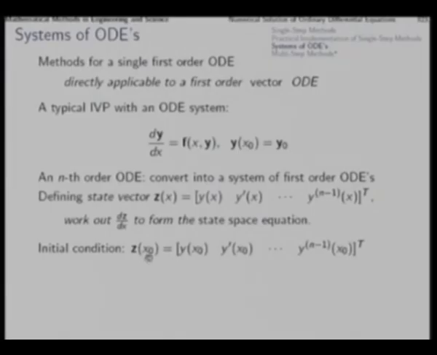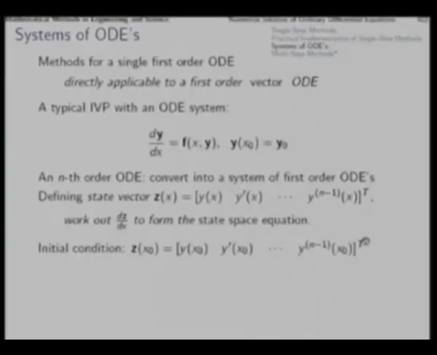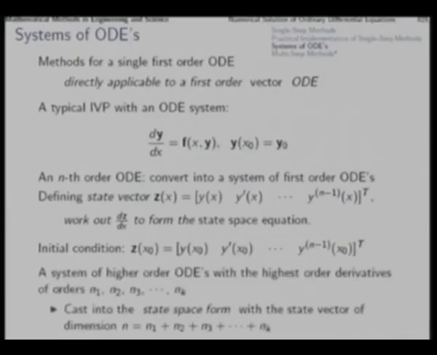And the initial conditions also will get these kinds of values, whatever are the values given for y, y prime, y double prime, etc., up to the n minus 1th derivative. So, those will form the initial condition for z, and then you solve the system with the same RK4 formulas, etc. So, in general, if you have a number of ordinary differential equations, each of order higher than the first, then also you can follow the same procedure and break down the entire system into a large number of first order differential equations.